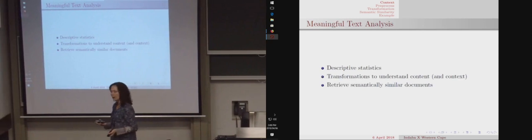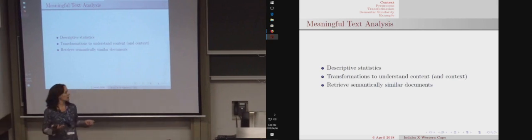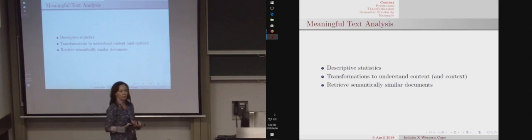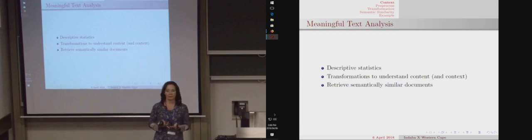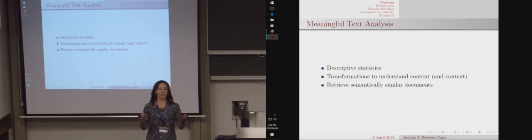So if we think about text analytics, what are meaningful analyses that we can do with text? First of all, we can get descriptive statistics. We can count the number of words. We can get the vocabulary. We can look at the frequency. So your most basic descriptive statistics already gives you a lot of information about your corpus.